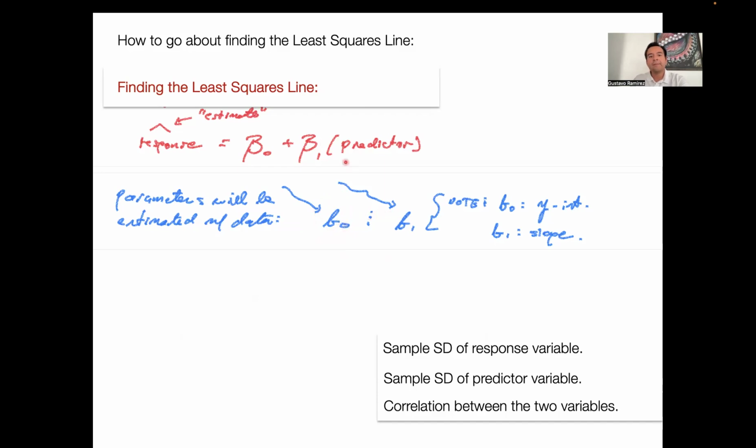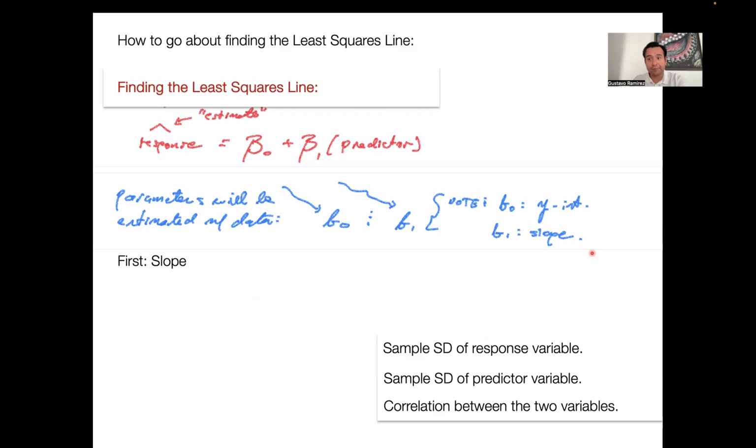This slope parameter, capital Greek beta 1, is estimated with our actual data and then annotated as lowercase b1. Again, b naught is the y-intercept estimated from the data, and b1 is going to be the slope estimated from the data.